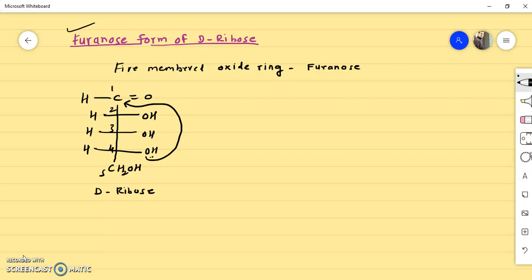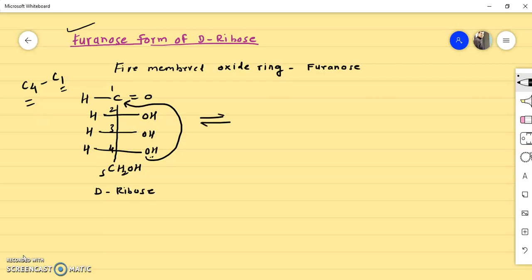So the hydroxy group of C4 attacks the carbonyl carbon C1 to form the oxide ring.